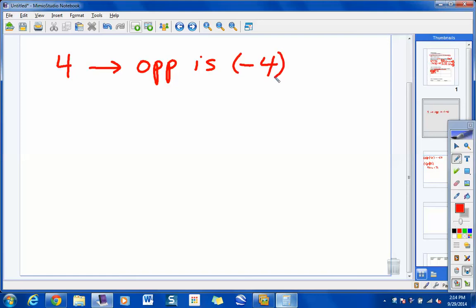Yes. Okay, so if 4 is this and negative 4 is here, instead of reading this as negative 4, I have the option to read this as the opposite of 4. You guys agree with that? Yes, sir. I can read that as the opposite of 4.